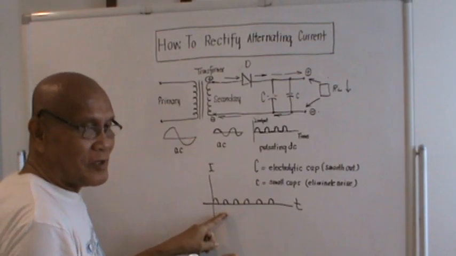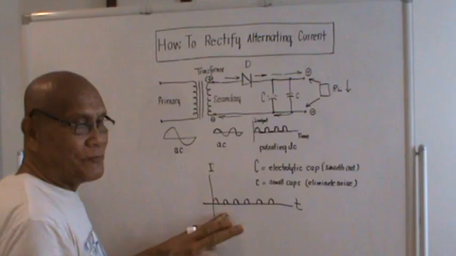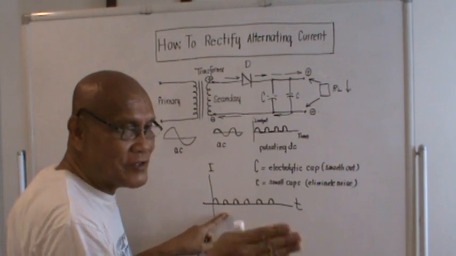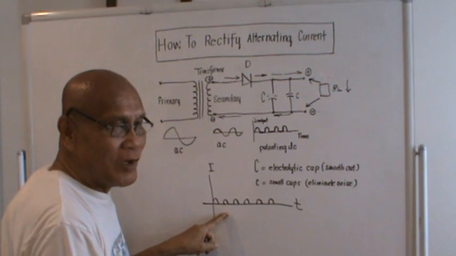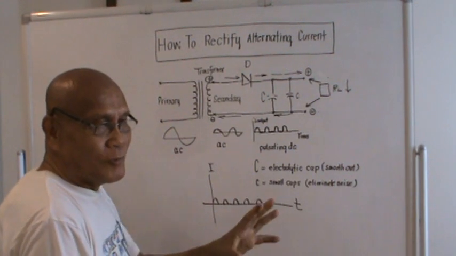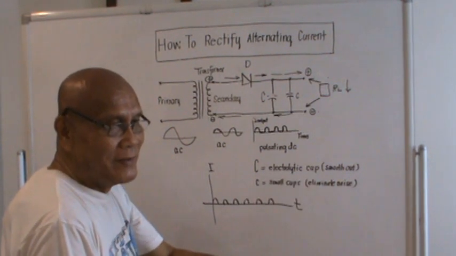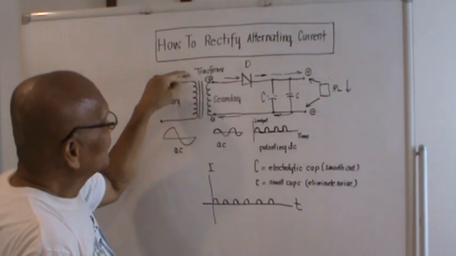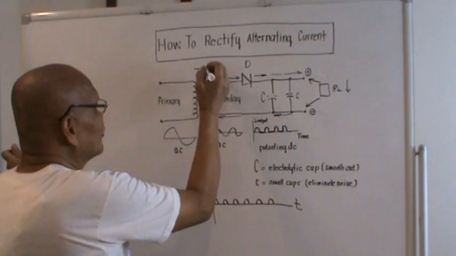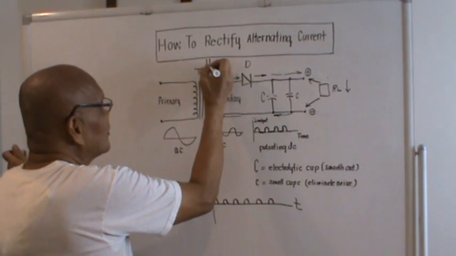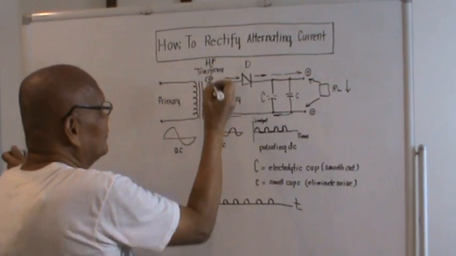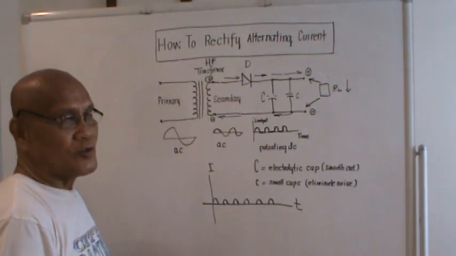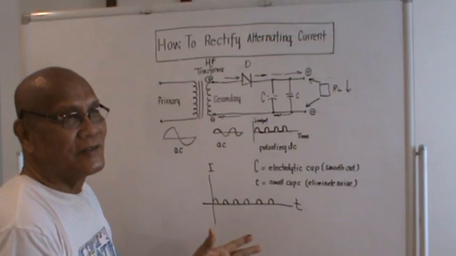So if your transformer is just only with the frequency of 60 Hertz, okay, you can hear a humming sound. And to eliminate that one, for switch mode power supply, we change now this transformer here to a so-called high frequency transformer. High frequency, meaning to say, the frequency is now in the range of kilohertz to megahertz.